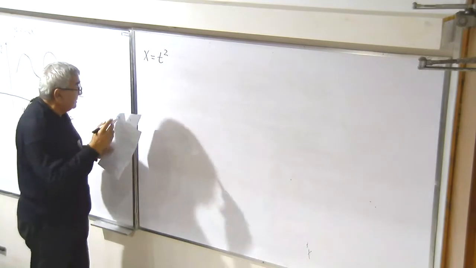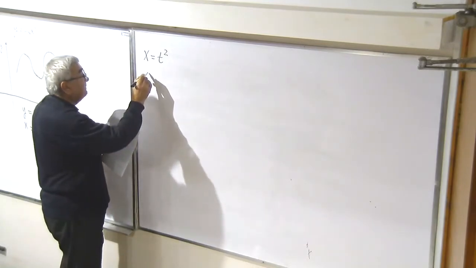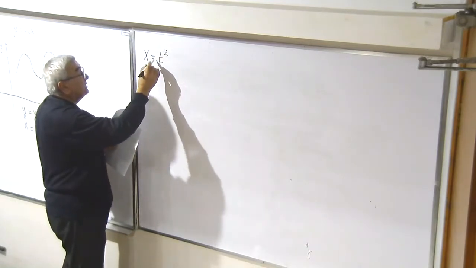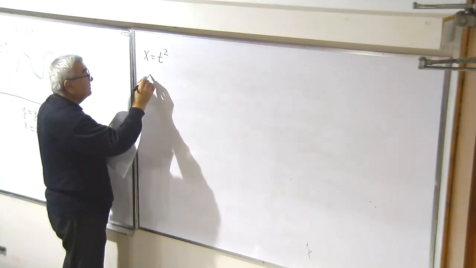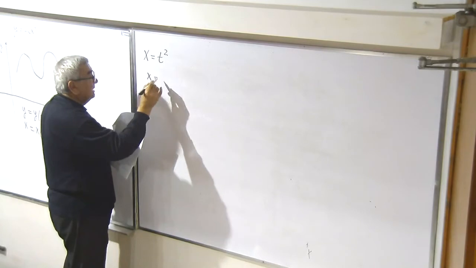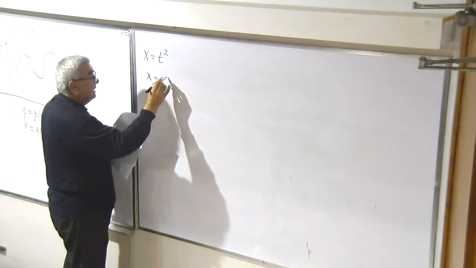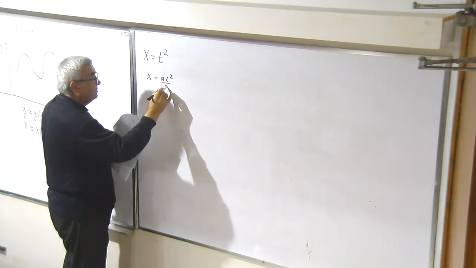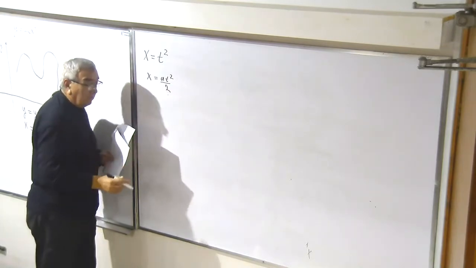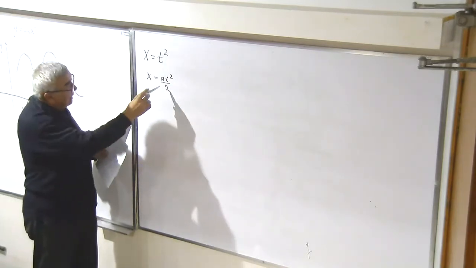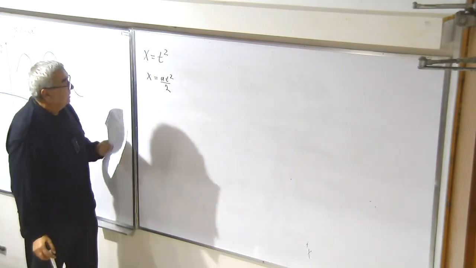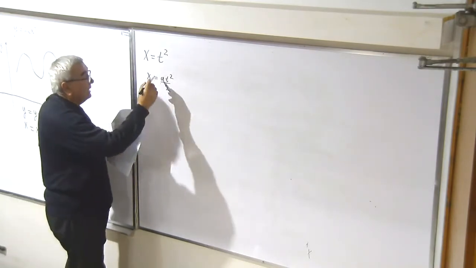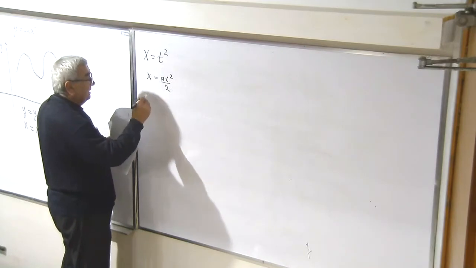To show you this, let us consider the motion where x equals a t squared divided by 2. You know this motion is called uniformly accelerated motion.